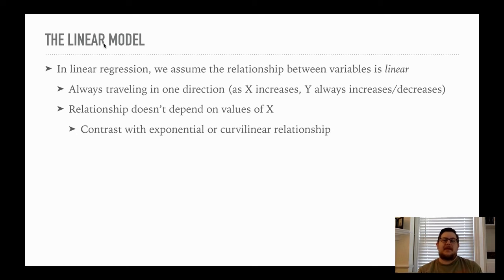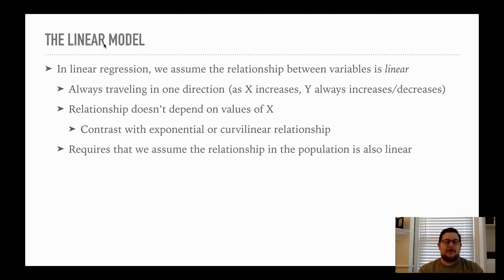That might not be the case with an exponential, where for low values of x there's very minimal increase in y, but the higher you go on x, the stronger the relationship gets. Or in a curvilinear, parabolic relationship, the relationship between x and y might be positive down here, then negative over here, or vice versa. That's not what we're looking at.